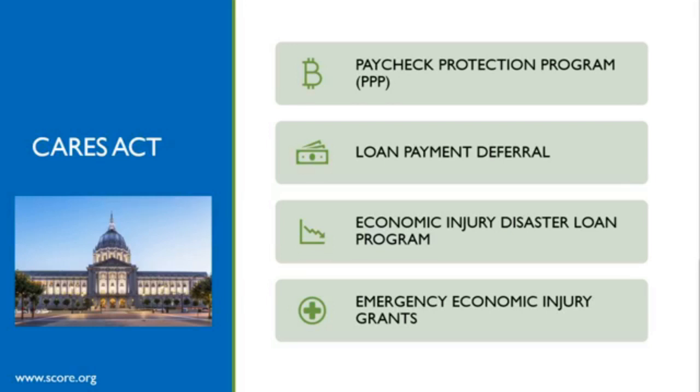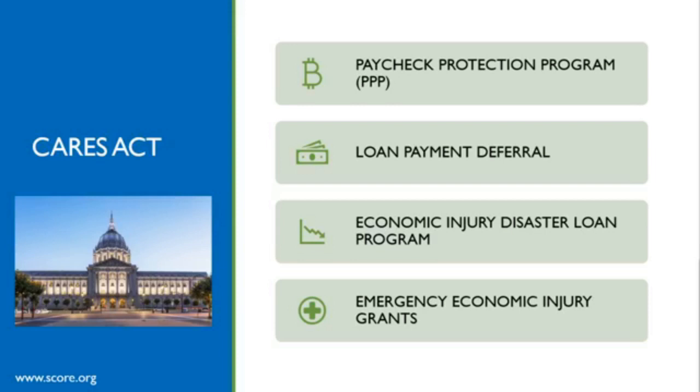One of them is the Paycheck Protection Program, called PPP for short. There's a loan payment deferral program that isn't spoken about much in the press, but it's an important aspect of this to know. There's the Economic Injury Disaster Loan Program, called EIDL, which is a loan, and we'll talk about the terms and the qualifications for that loan.